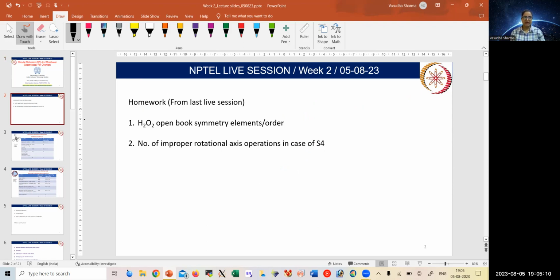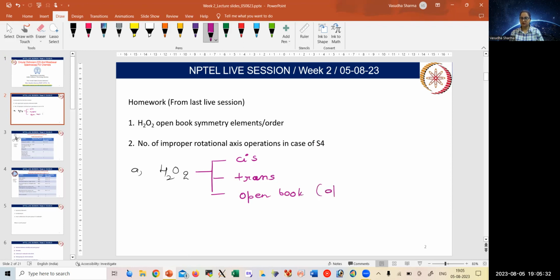As I was explaining, this H2O2 exists in three forms: cis, trans, and open book. Open book is nothing but, you can also consider an open laptop, so that would be more clear to you.